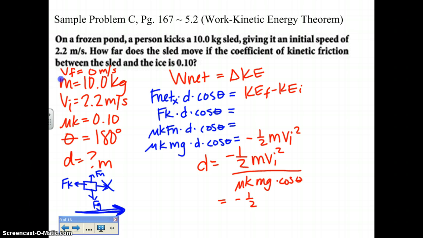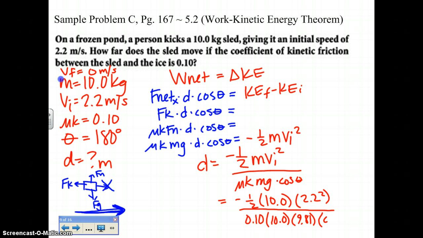That gives us negative 1/2 times 10.0 times 2.2 squared, all of that divided by 0.10 times 10.0 times 9.81 times the cosine of 180. I apologize, I forgot to write 9.81 as a given. Please make sure you write it as a given.